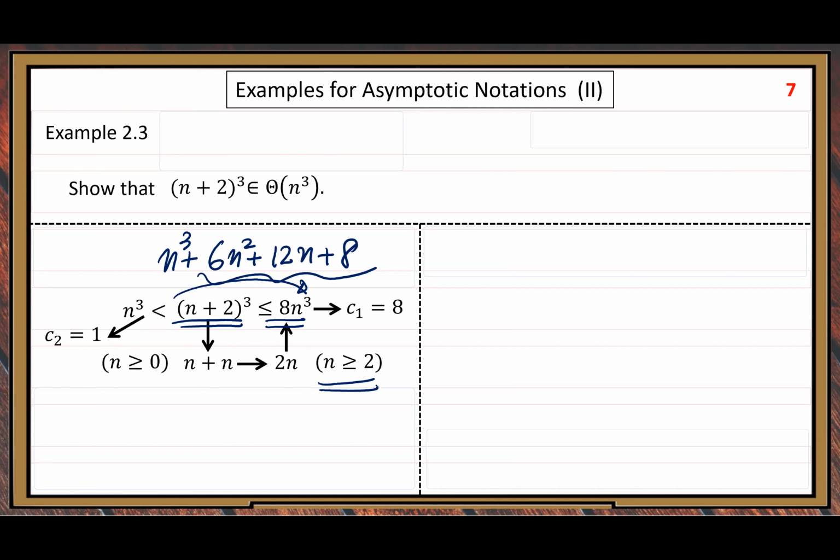Don't expand. Sometimes I give a function with a higher exponent, I remember I assigned a function raised to the 5th power. Then expansion will be longer, and it will be harder to estimate the upper bound. So don't do it in that way. All right, that's it. So we finish part C.